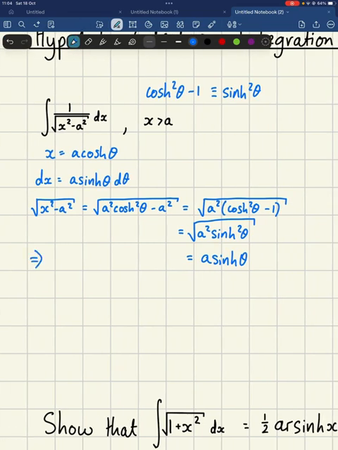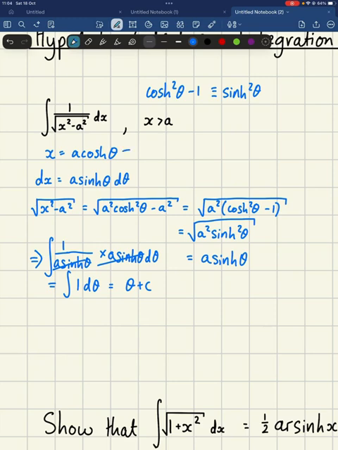So now we can transform our integral. What we get is the integral of 1 over a sinh theta multiplied by dx, which is a sinh theta d theta. So we get the integral of 1 d theta, which is theta plus c.